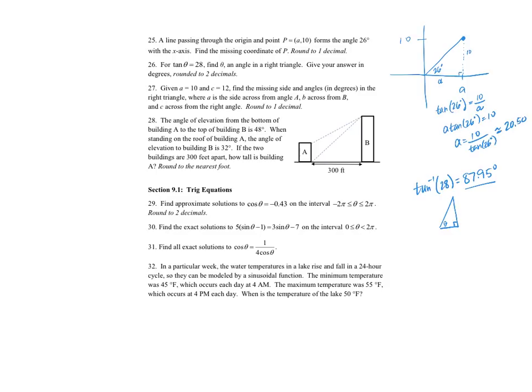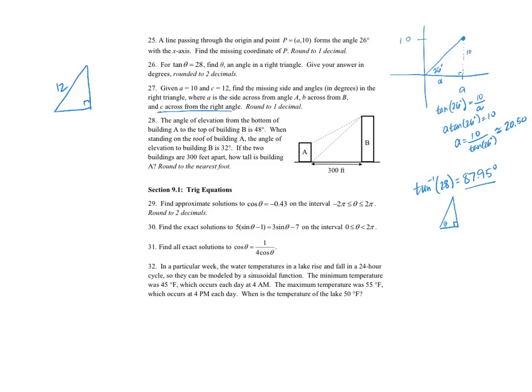Number 27 says given A is 10 and C is 12, find the missing side and angles in degrees of a right triangle. Typically when we label a right triangle, we label C as the side that's across from the right angle, and that's what it says here. C is across from the right angle, so I'm going to label that 12.